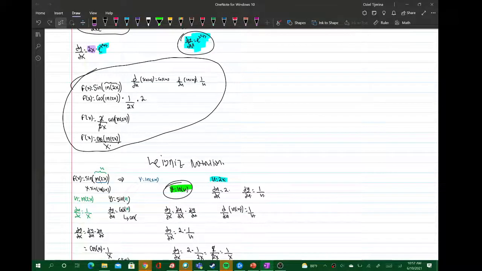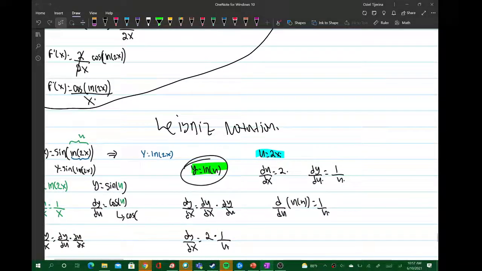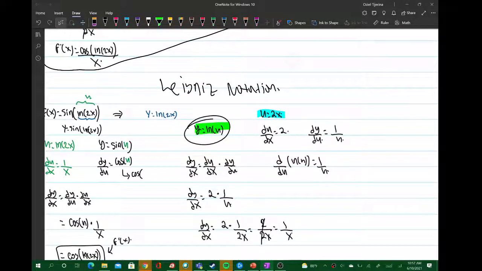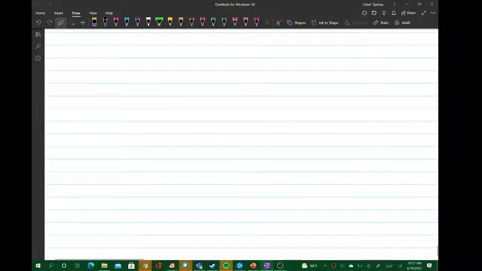Now again, you don't have to do it the way that I did it over here. You can use Leibniz notation if you're more comfortable with that. I will admit that for me, Leibniz notation takes a little longer.